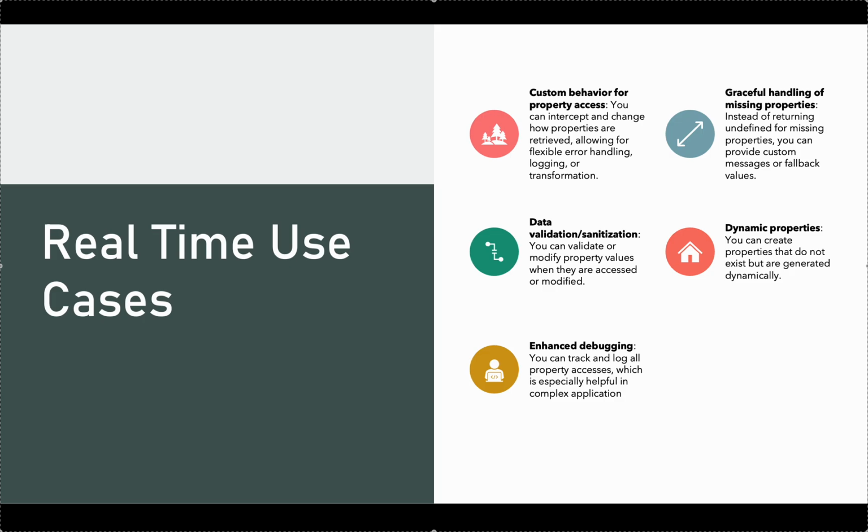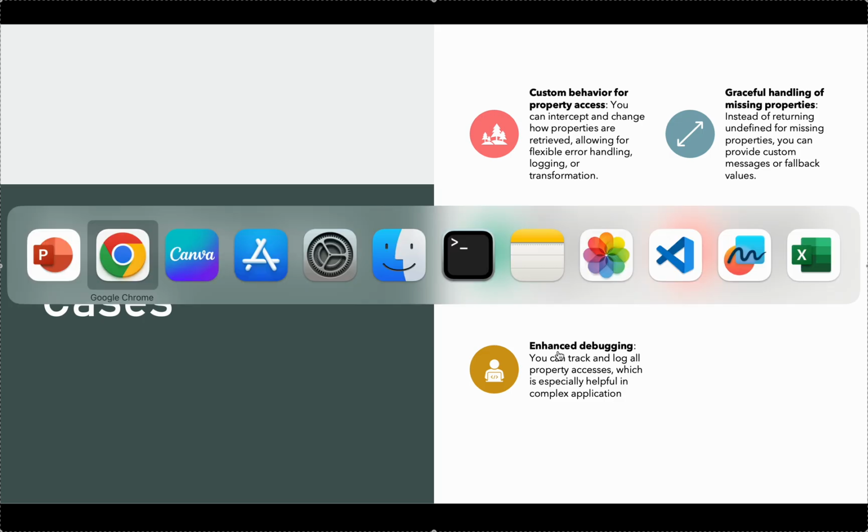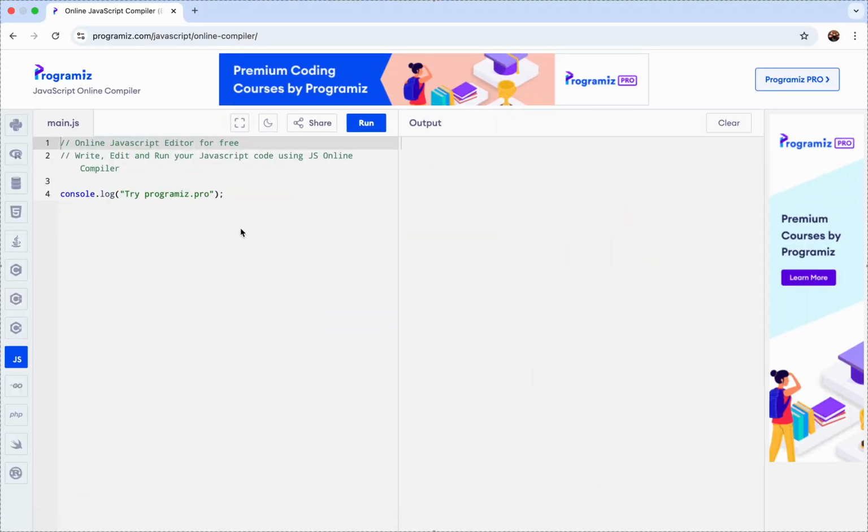So let's dig deeper practically into this and understand how the Proxy API works. For that, I'm using this online IDE. First of all, we'll create one handler object. Here is one of the trap methods, get, to get the property value.